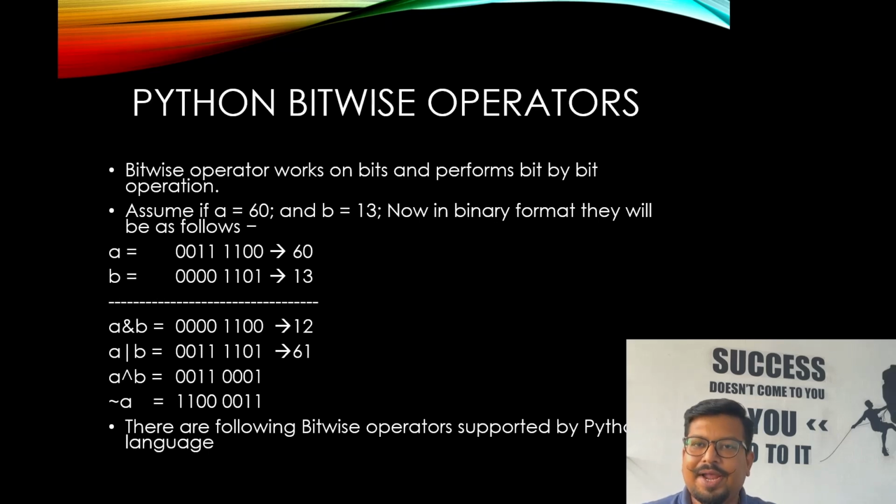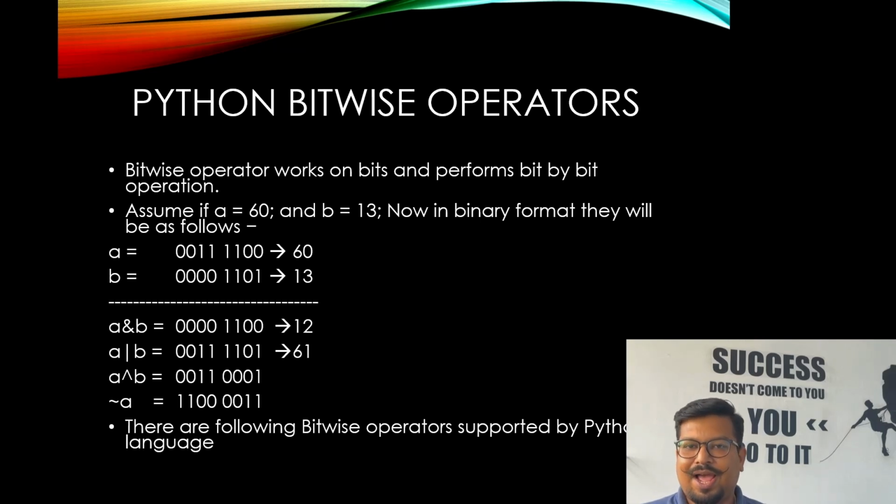So let's move ahead. AND operation, if you do AND operation, we know the truth table of AND. I hope you know, where false and false is going to give you false, true and true is going to give you true, and any other combinations like true and false will give you false, false and true will give you false.